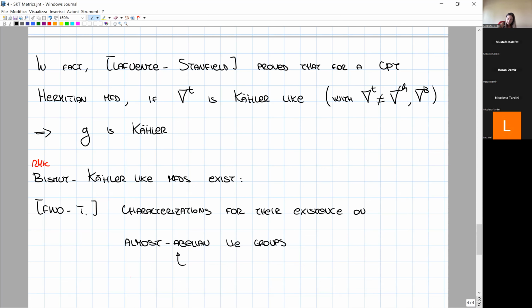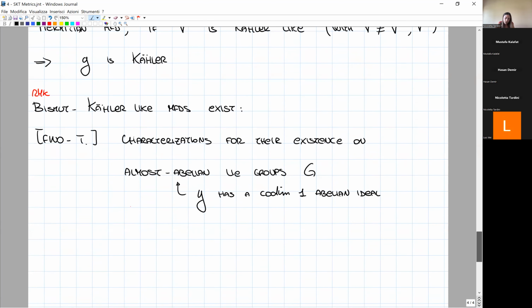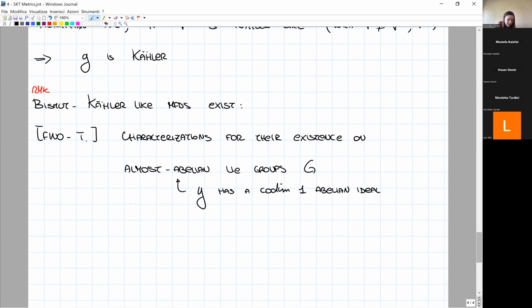Let me just recall that almost abelian means that if G is the Lie group, the Lie algebra has a codimension 1 abelian ideal.